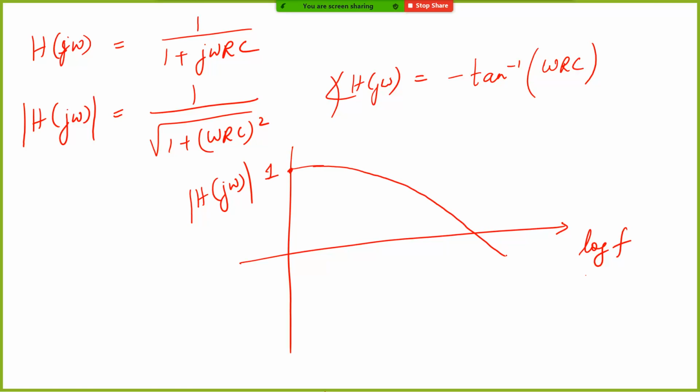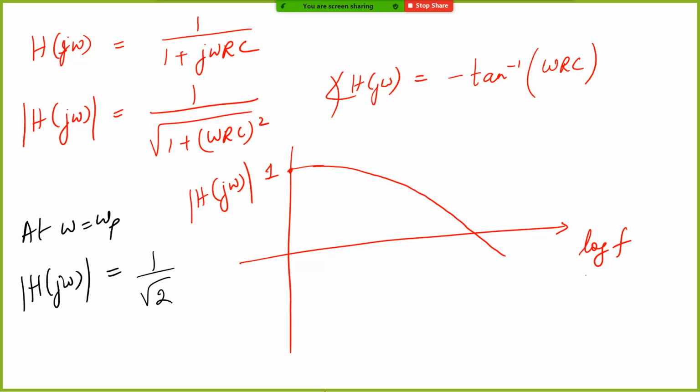Now this can be approximated, so let's just find out. Now you tell me, what is H of j omega p? Okay, what is the magnitude? 1 by root 2. Correct. So at omega equal to omega p, modulus of H of j omega becomes 1 by root 2.